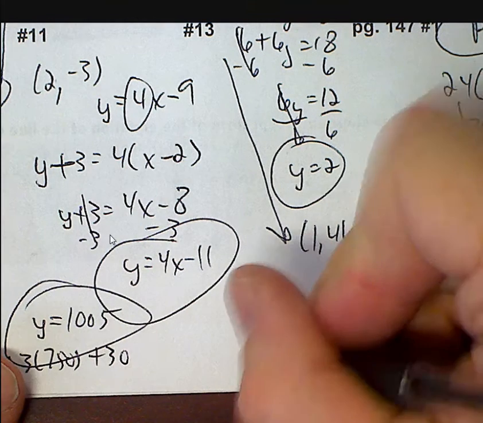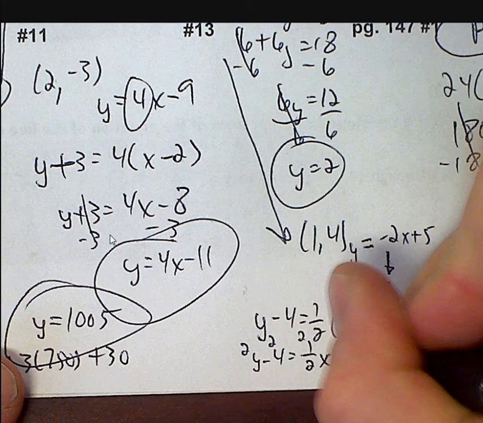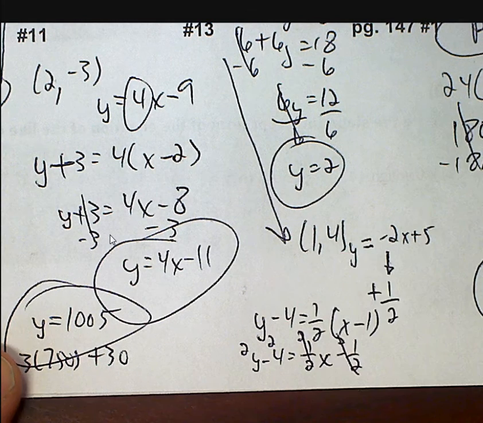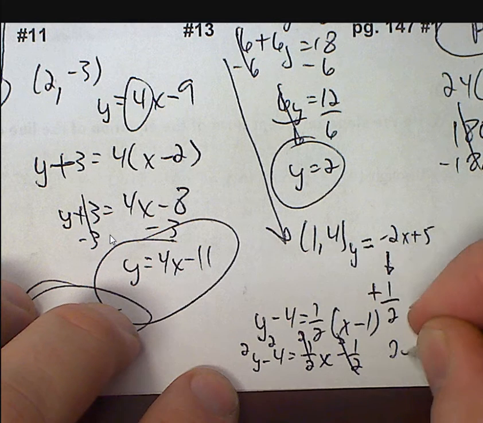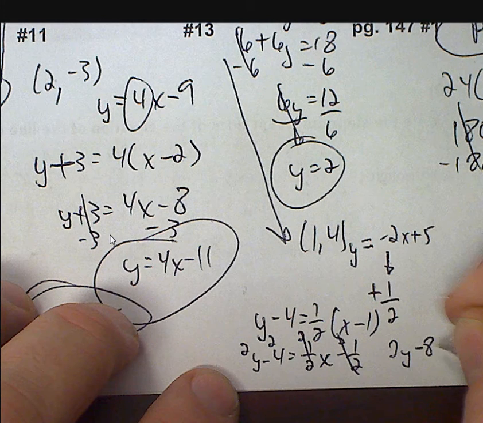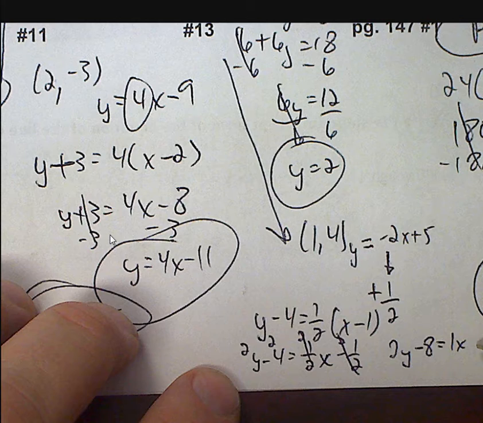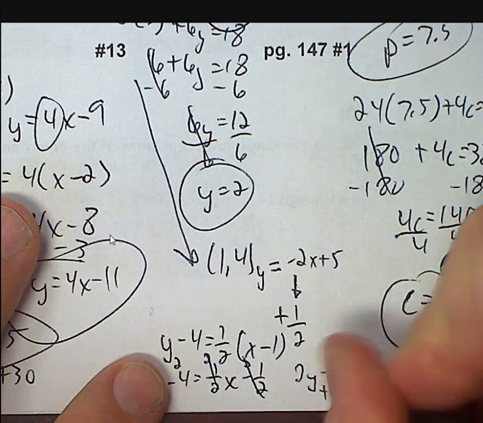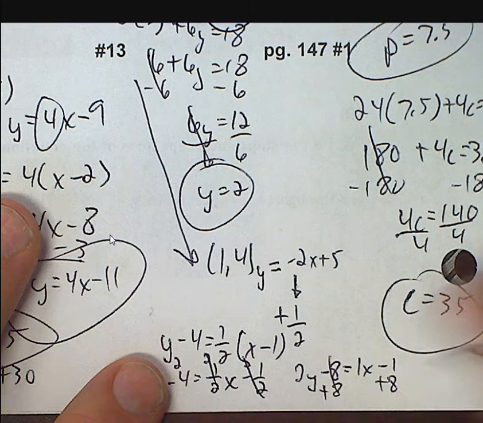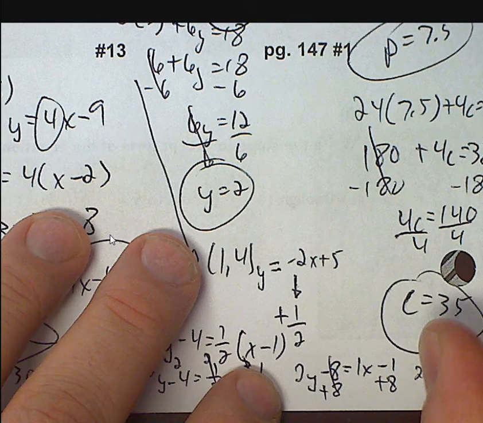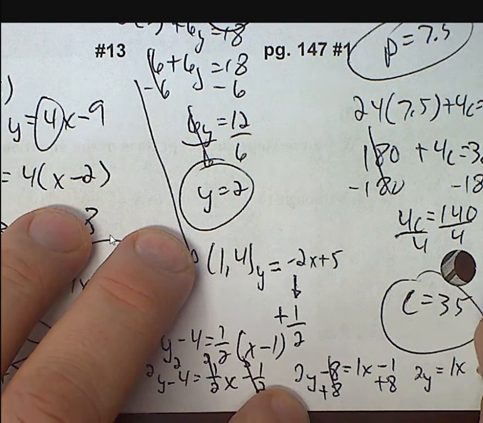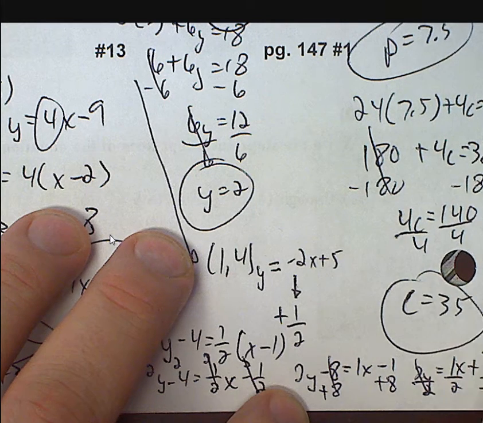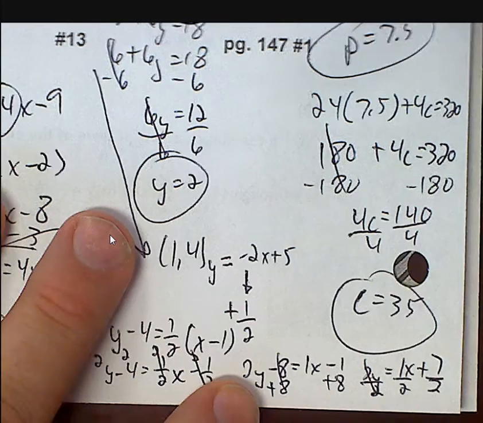I would multiply everything by 2 to get rid of my fraction. So this would be 2y minus 8 equals 1x minus 1. Plus 8, plus 8. 2y equals 1x plus 7. Divide by 2. And that would give me my answer.